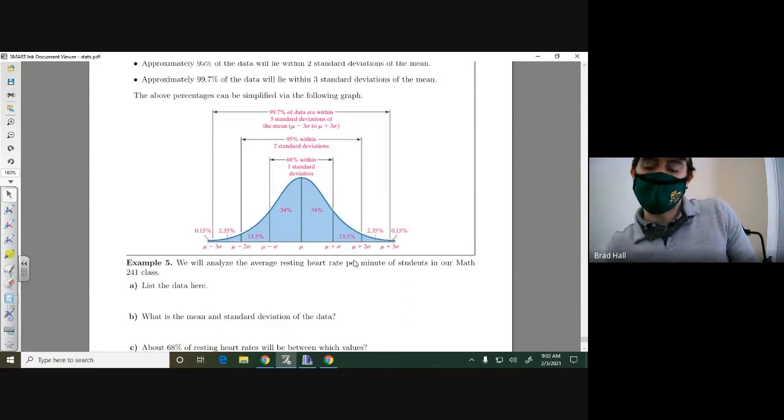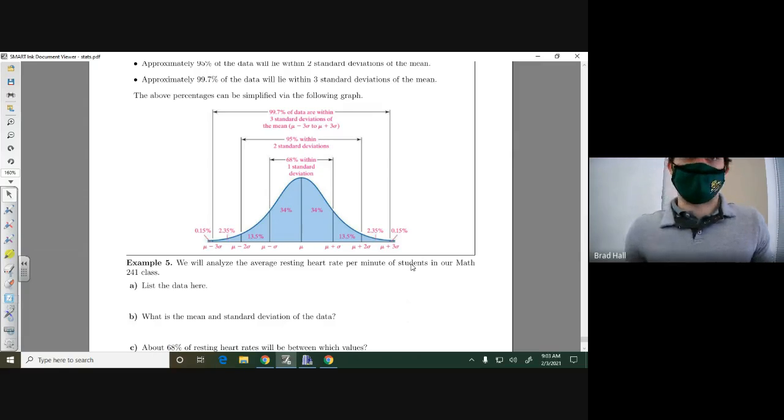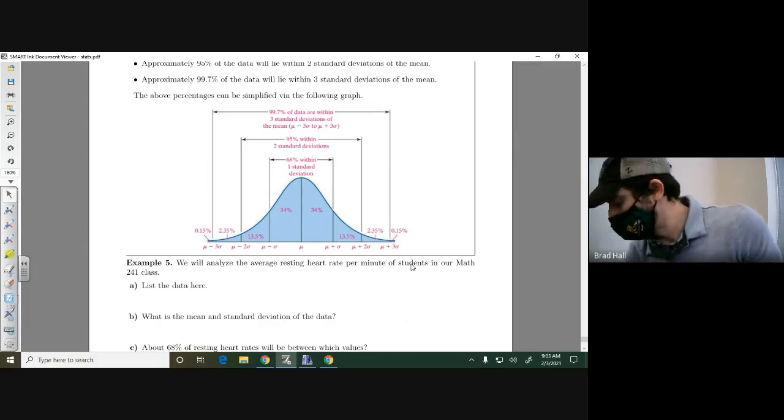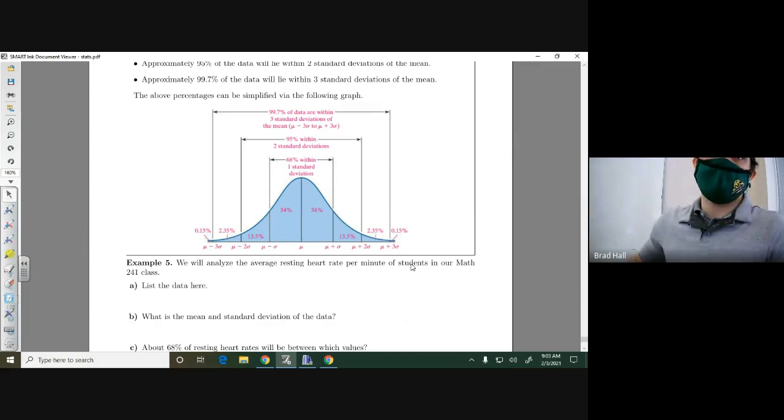So, example 5, we're going to analyze the average resting heart rate per minute of all of us. All of you are hopefully resting and not just done with a jog. So if you can go ahead and participate here, what I want you to do is find a pulse somewhere, at your heart, neck, or wrist, the 3 main places.